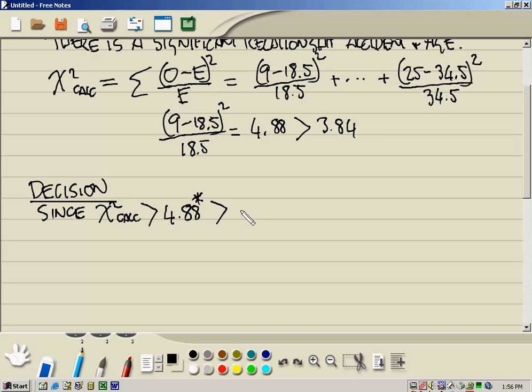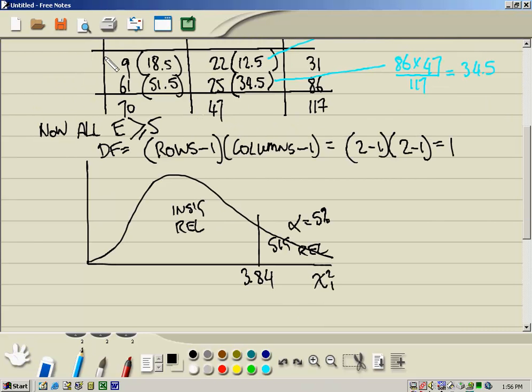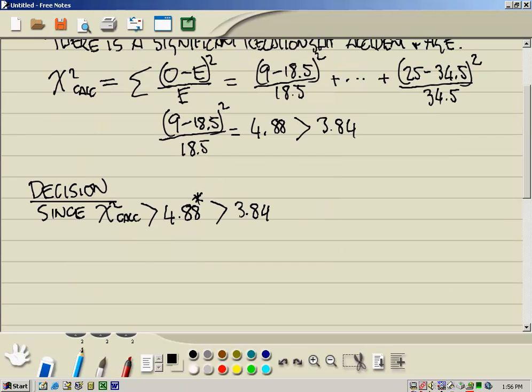It's greater than 3.84, and we'll go back to our table and say that we did the calculation for the chi-squared for that cell only. It's a partial calculation. Partial calculation is greater than 3.84. Therefore, the total calculation must be greater than 3.84. So we can reject the null and accept the alternate.